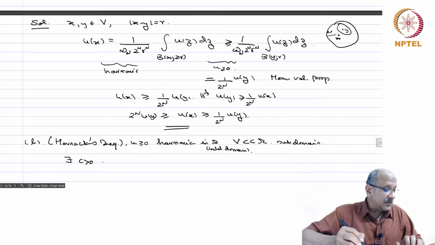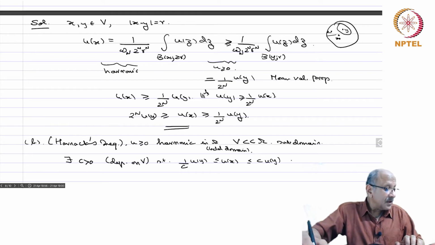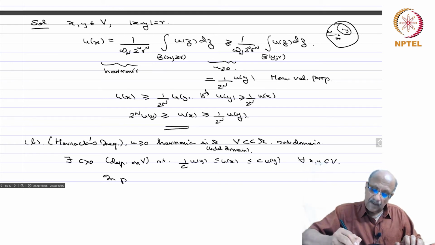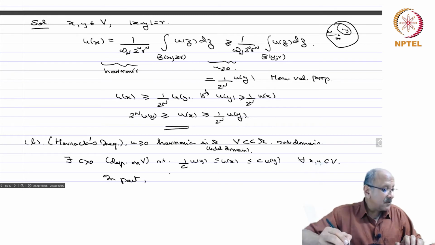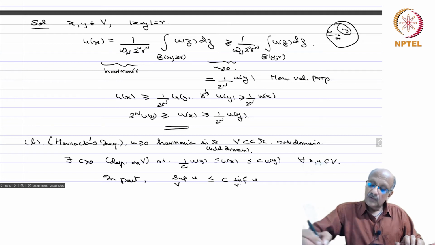Then there exists C greater or equal to 0 depending on V, such that 1 by C u of y is less or equal to u of x, which is less or equal to C times u of y, for every x, y in V. So, in particular, you have that the sup of u over V is less than C times the inf of u over V.